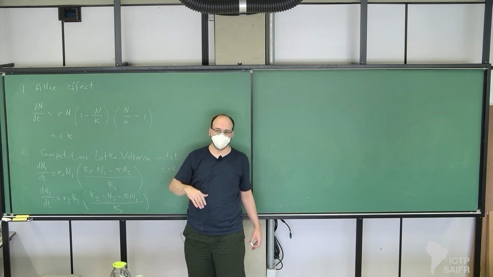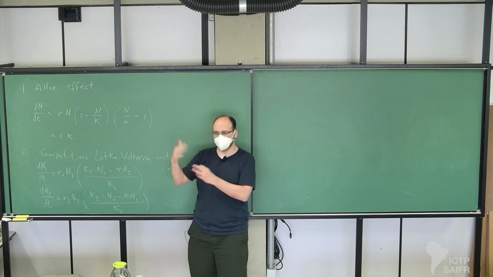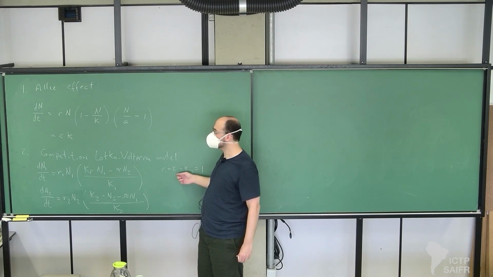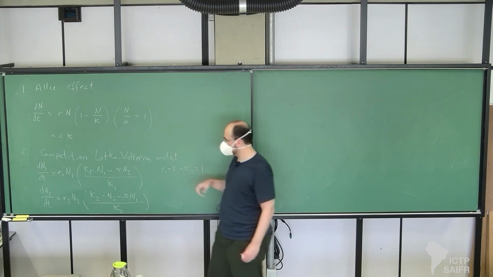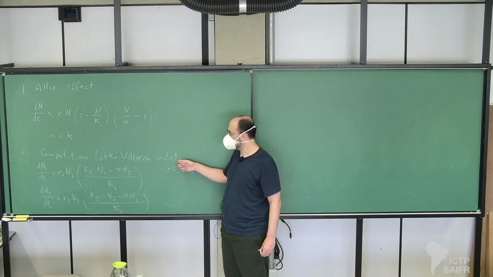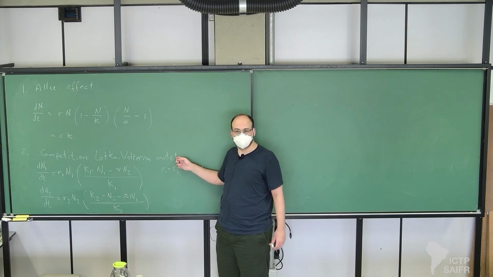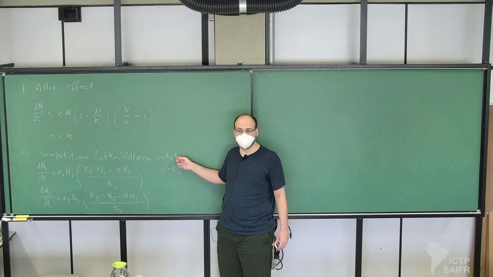Plot it again, or plot it together with the other one if you want to compare them. For this one, besides the solution over time, you can also plot the phase space that we discussed at the end of yesterday's class.